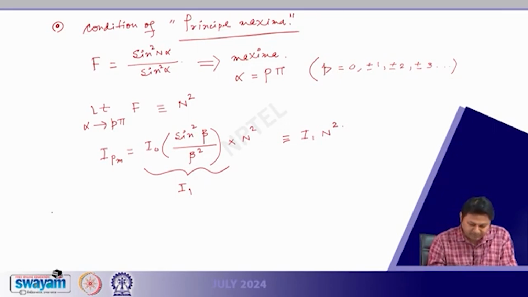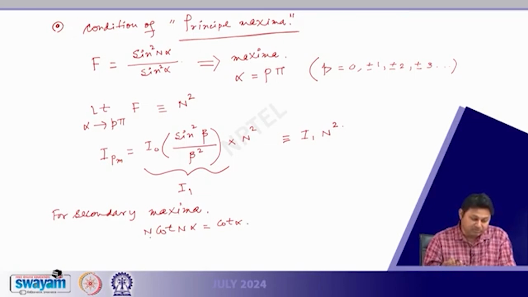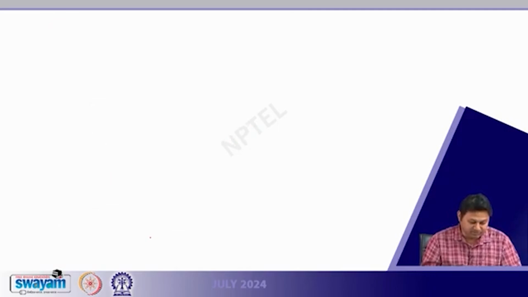For secondary maxima we find n cot of n alpha is equal to cot of alpha. That is the condition we have. We can make use of this condition to find the ratio, and we will do that in this way.